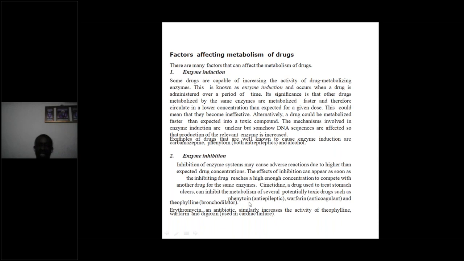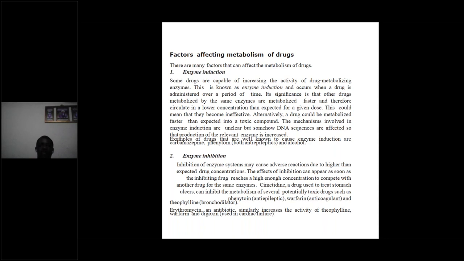And interestingly, these other drugs can be very toxic. Phenytoin, warfarin. If a patient is on warfarin and cimetidine inhibits the warfarin metabolism, the person can have bleeding. The person can be bleeding through the nose, through the eyes, through the ears. It can be that bad.